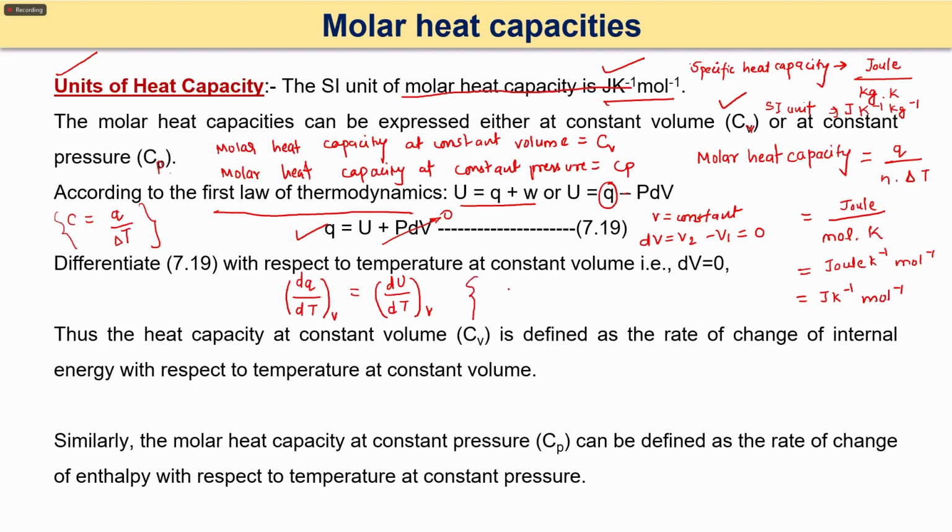So this CV is equal to nothing but dQ by dT at constant V, that is the amount of heat absorbed by a substance in order to increase the temperature by dT at a constant volume. So it will give you CV is equal to dU by dT at constant V.